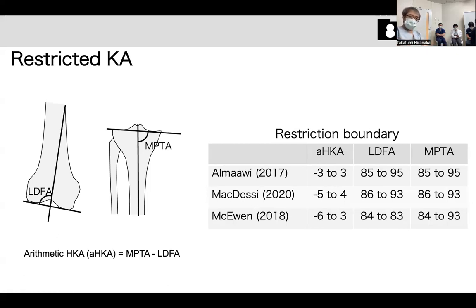In most studies, in terms of LDFA, the allowance is around plus or minus 5 degrees or plus or minus 3 degrees, or in some reports, valgus LDFA can be allowed more than the varus LDFA.